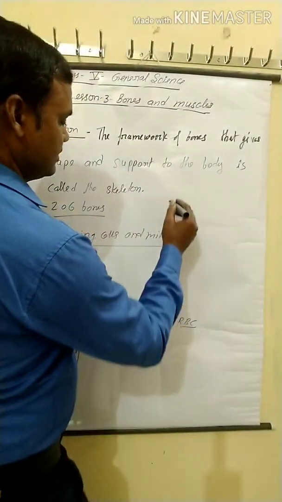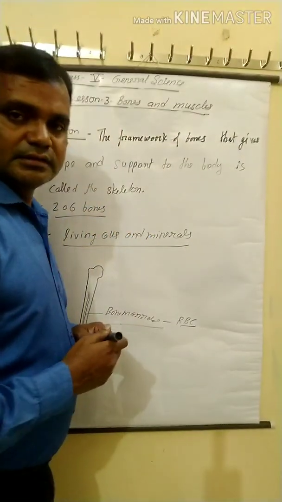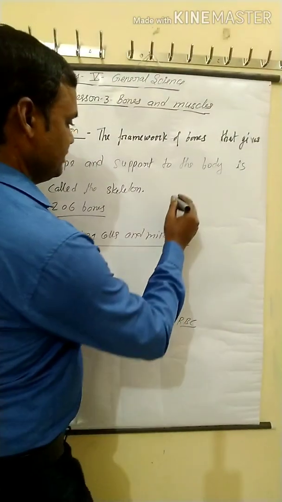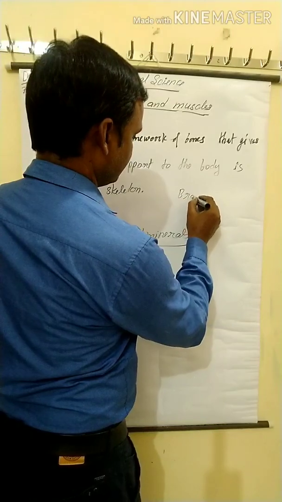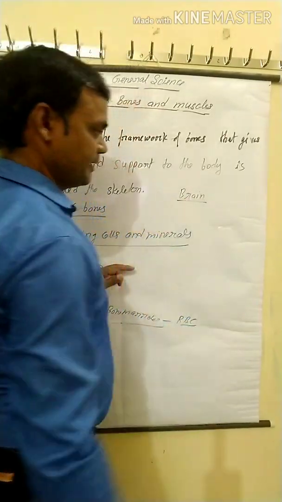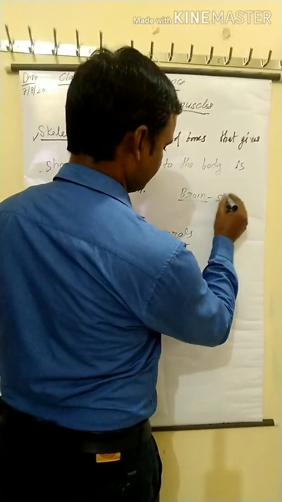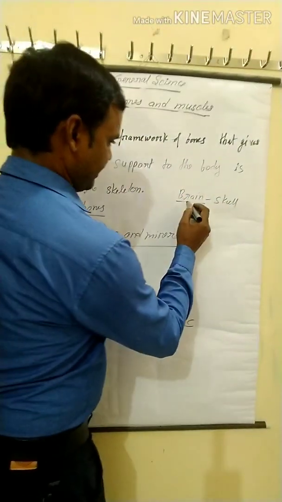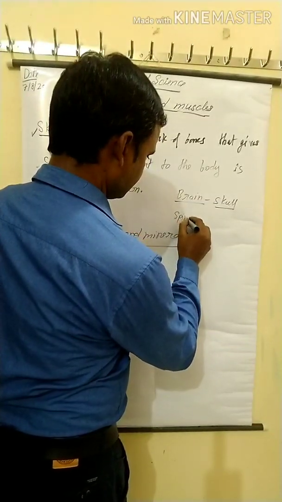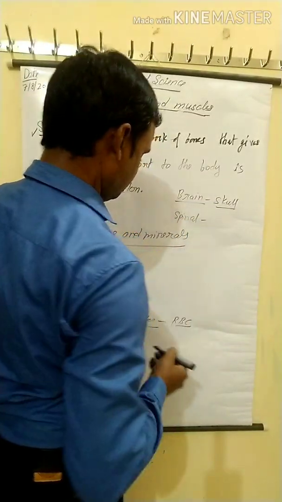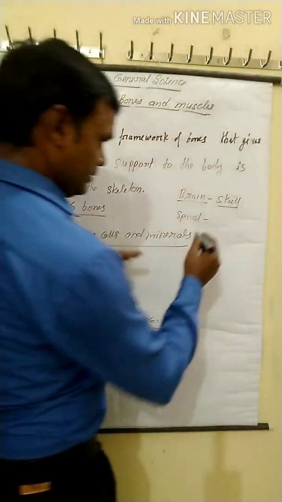The skeleton protects the delicate organs. For example, suppose the brain. You know that the brain is protected by the skull. The spinal cord is protected by the backbone.